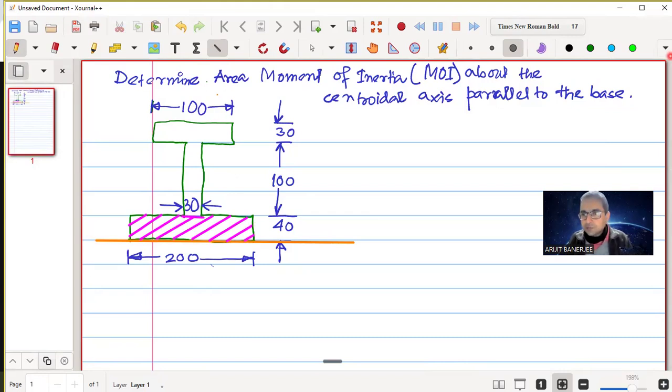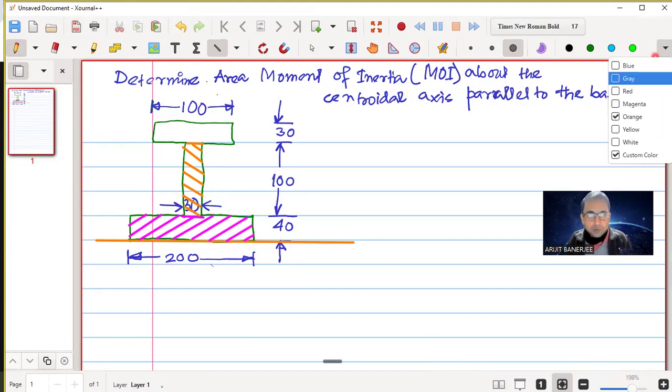Again, there is another line which we can draw here, which will demarcate another regular shape like this, for which we can easily determine the centroid. And another shape for which we can again easily determine the centroid.